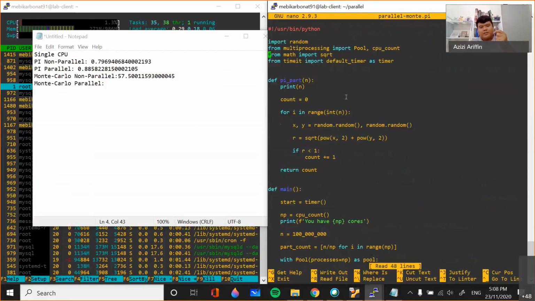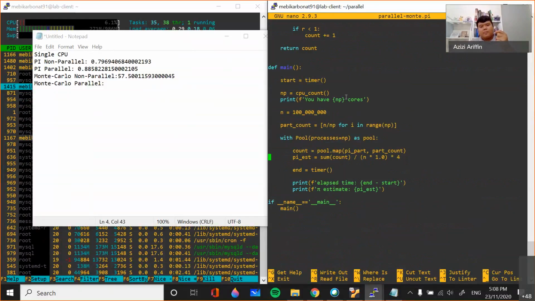Instead of map kita kena gunakan pool map tadi. Jumlah CPU kat pool tu kita dapatkan daripada CPU count. Contoh kita ada 8 CPU, dia akan guna 8 CPU. Kalau guna 4 CPU, kita akan guna 4 CPU untuk pecahkan task tu.